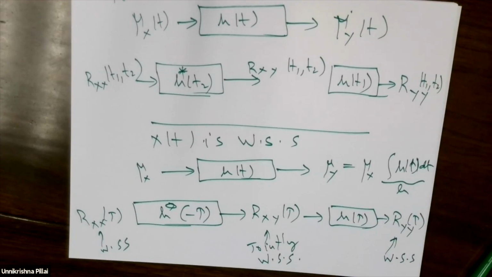Gaussian, right. If the input is Gaussian and wide-sense stationary, then the output will also be Gaussian and stationary, because wide-sense stationarity is the same as strict-sense stationarity for Gaussian processes. So remember, you have to put all these things together.